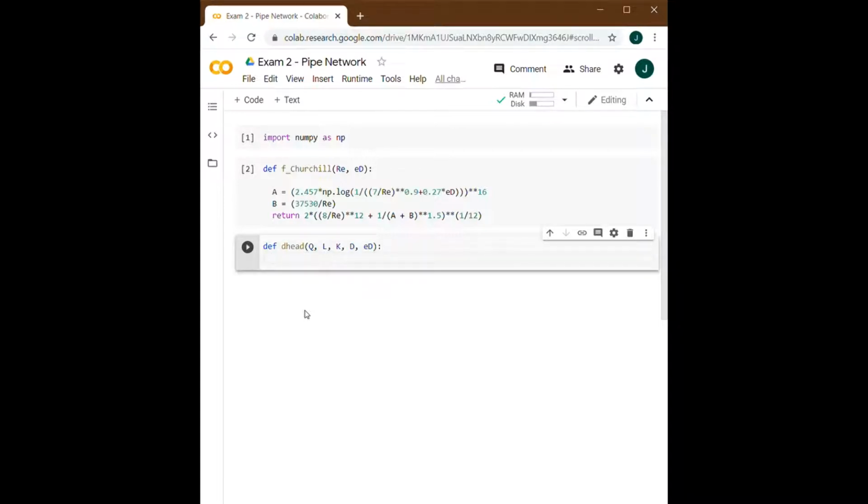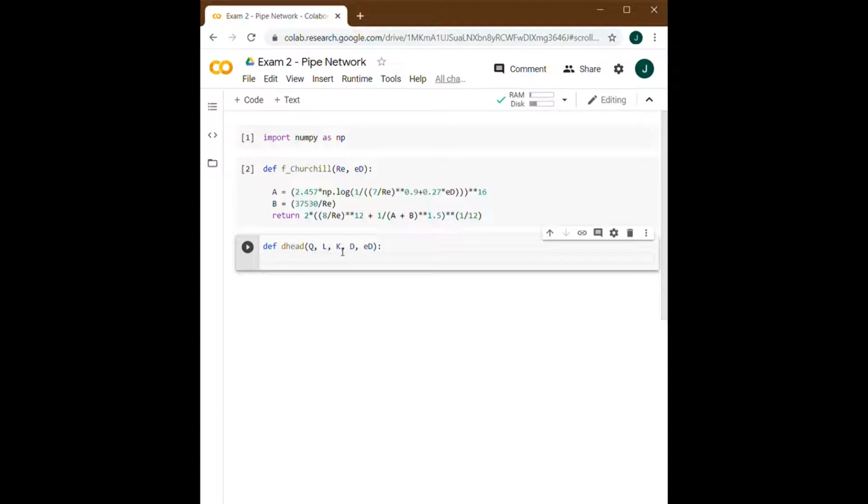For this function, we need Q, our flow rate, L, the length of the pipe, K, a constant that represents valves and other extra stuff that's involved with the pipe, D, the diameter of the pipe, and ED, the internal roughness of the pipe.